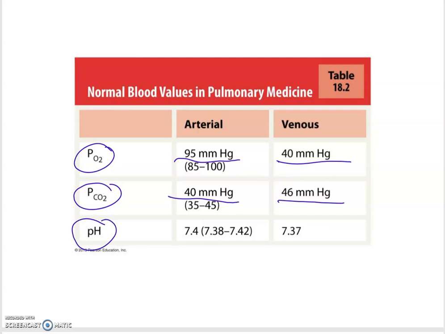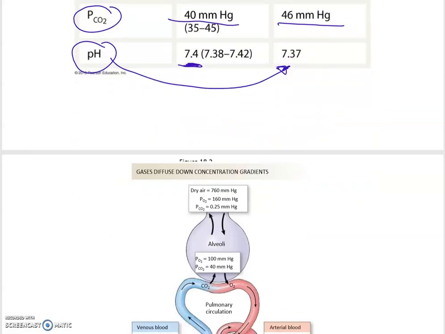Now the pH, as you're picking up more and more CO2, drops from 7.4 average to 7.37. You might think, well, it's not a big difference. Yes, it is. 7.37 is already a big difference, and is definitely very carefully monitored.